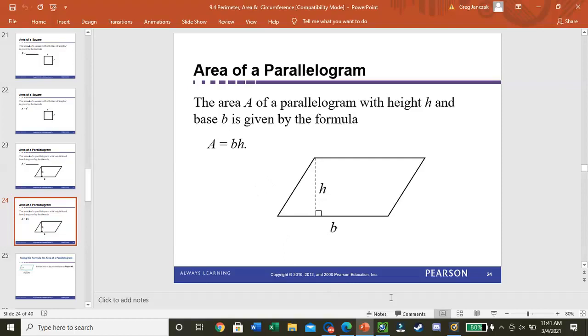That would be an area of 18 inches squared. So the area of a parallelogram is base times the height. Area equals the base times the height.